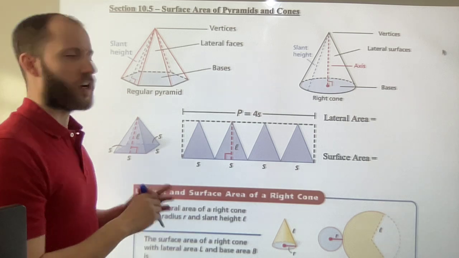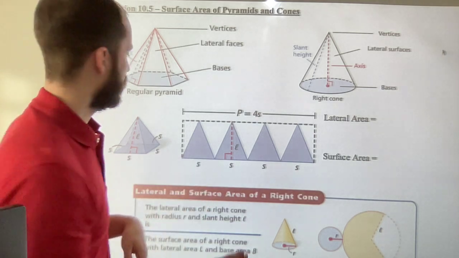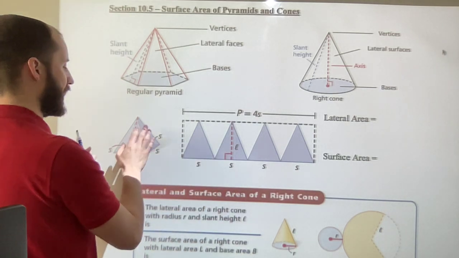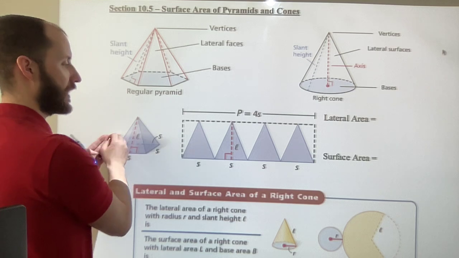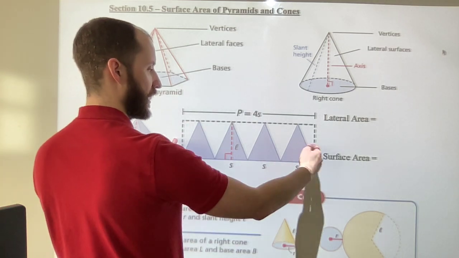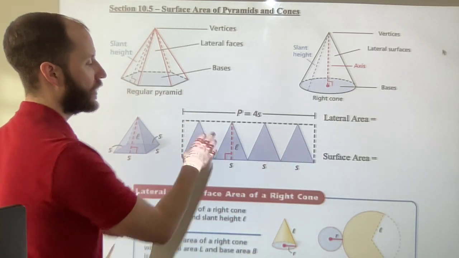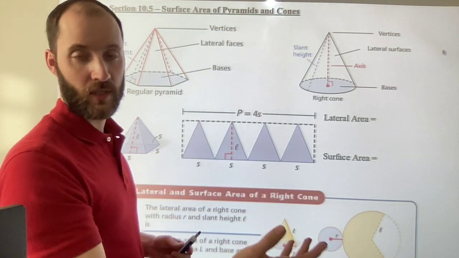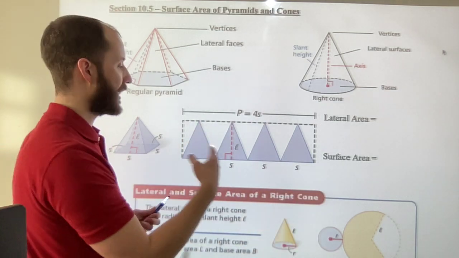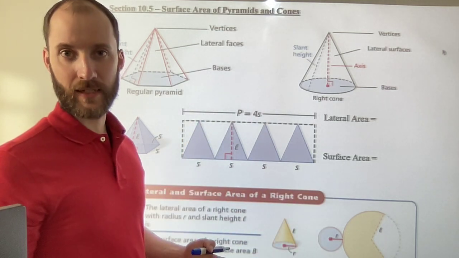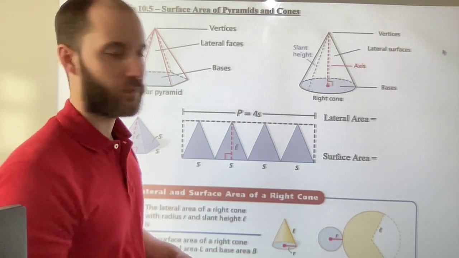So first, our lateral area of a pyramid. If you take the lateral faces, kind of pull them off, string them together, you see we only have triangles, where before we had a rectangle or parallelogram.